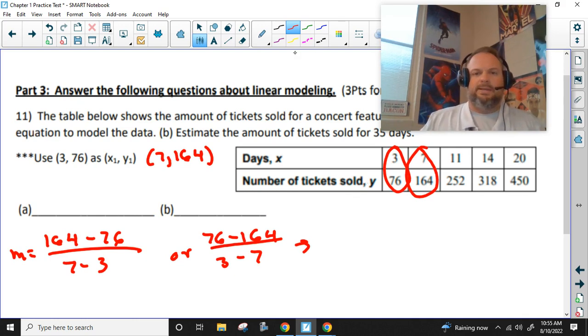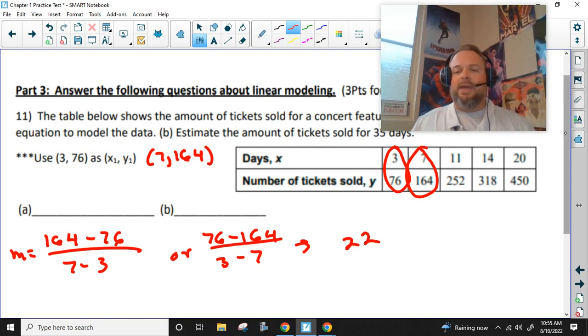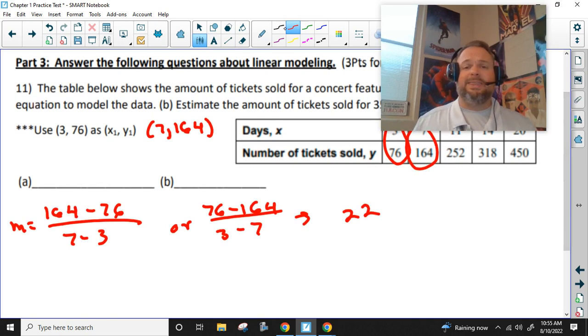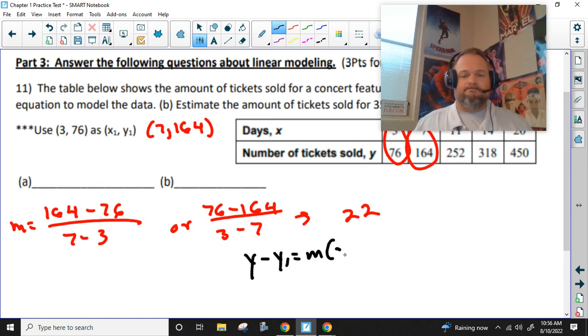Okay. Got you. Now, either way, we should get 22. Now, we take our x1, y1, we plug it into this formula. Okay, you forgot to divide. Okay. Hey, I'm glad we're finding that now. Okay. So we're plugging in.